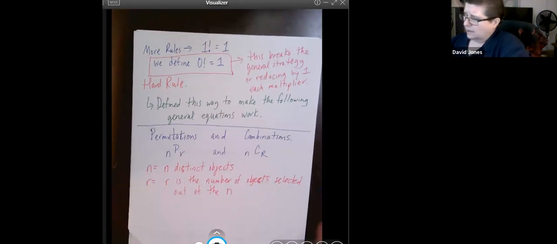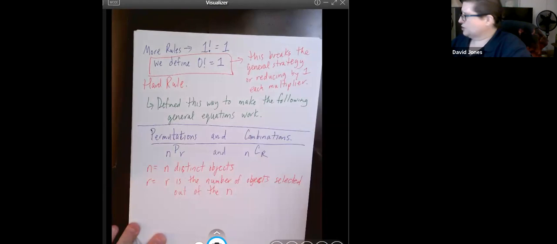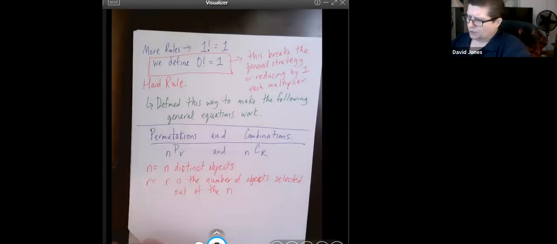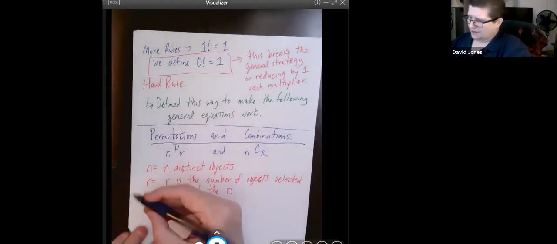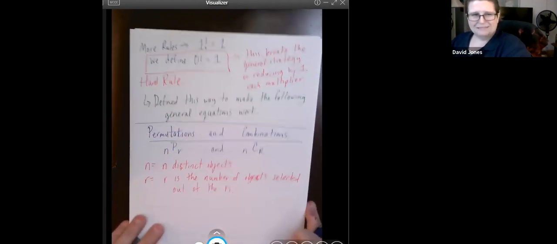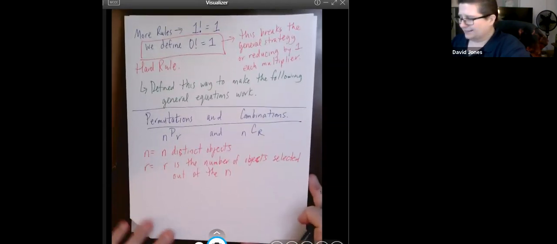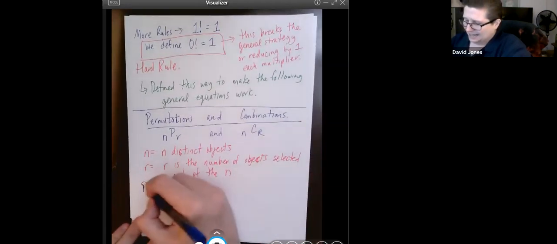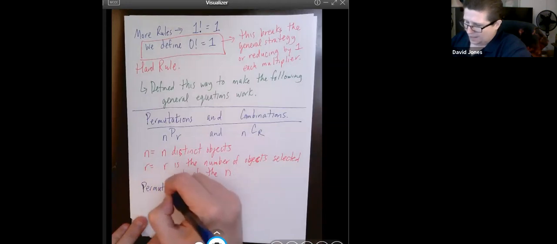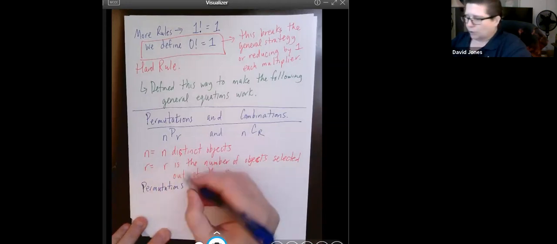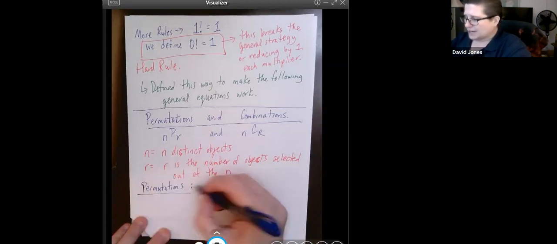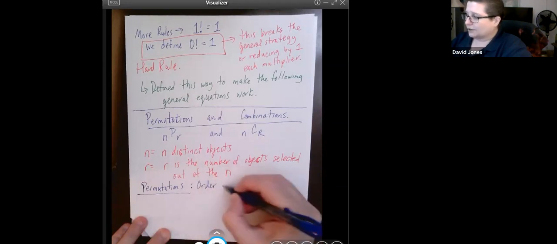Okay, I'm going to start with permutations. Permutations, which is something that is kind of going downhill in society in a lot of, like, the way they teach children. Permutations, order of selection matters.